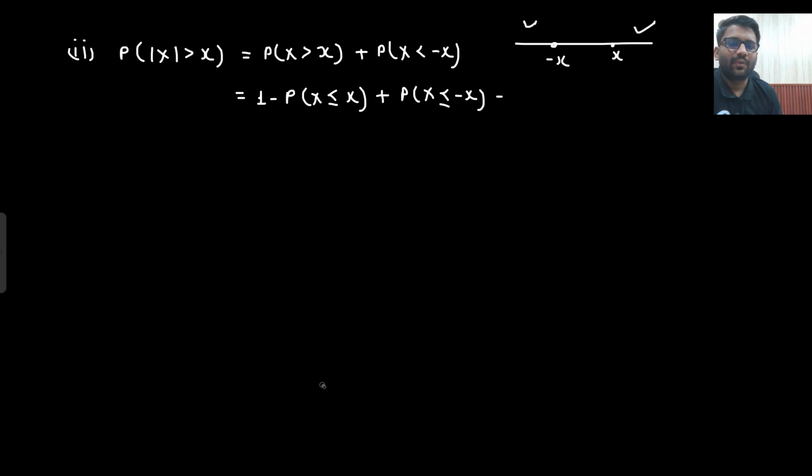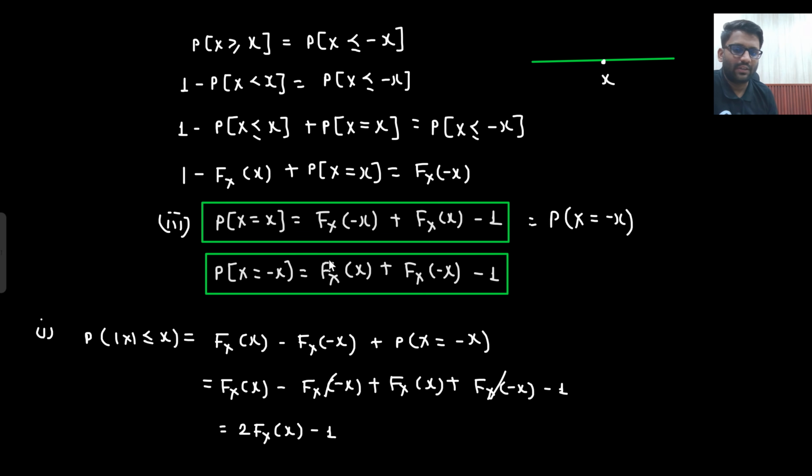Here, for defining the CDF, I need to add an equal sign. If I need to add an equal sign, that means I am including the probability at x equals minus x. But this is what you don't need. You don't need the probability at x equals minus x. That means you need to subtract it, right? So what you are getting? 1 minus fx of x plus fx of minus x minus probability of x equals minus x. What is the answer you are getting?